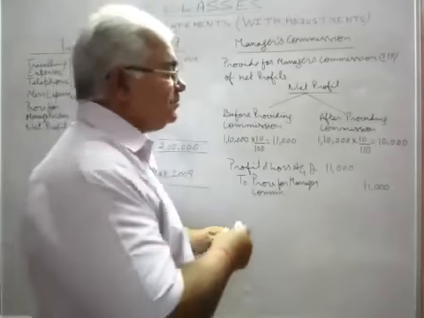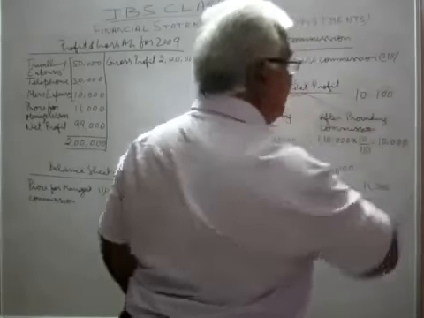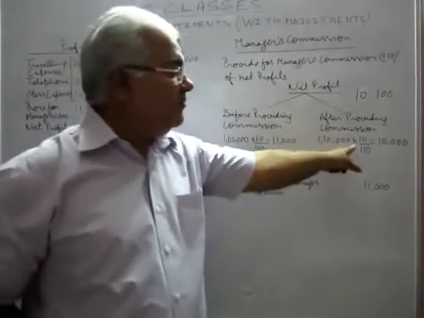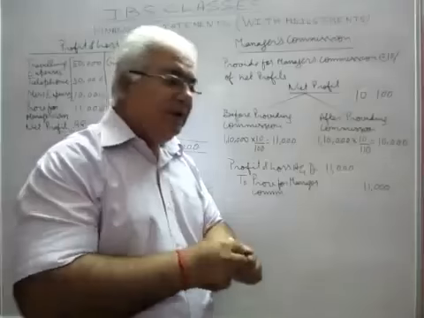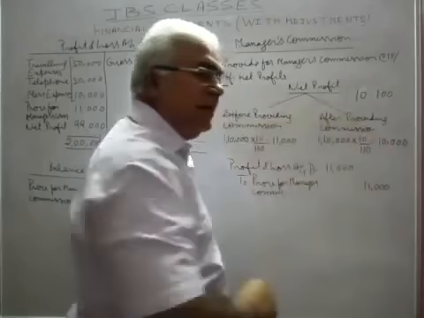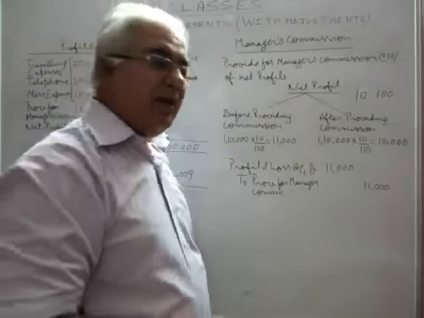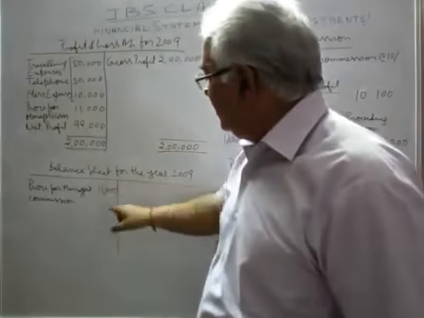The ratio is 10 is to 100. That's why we have multiplied this by 10 upon 110. If you notice, in this way the commission payable will be 10,000.